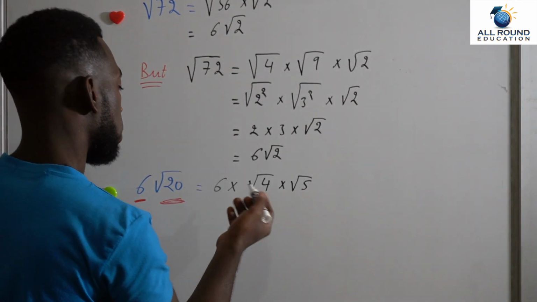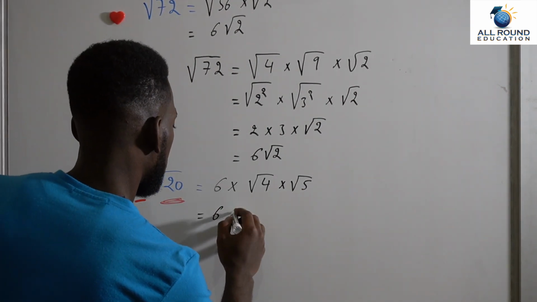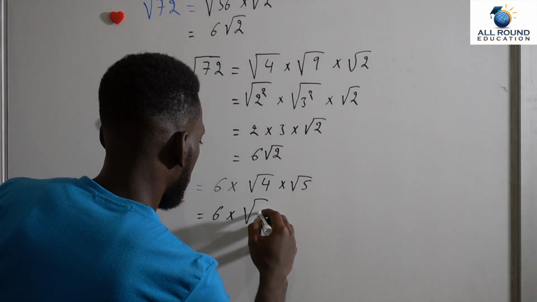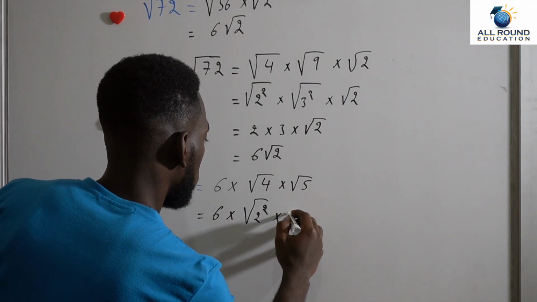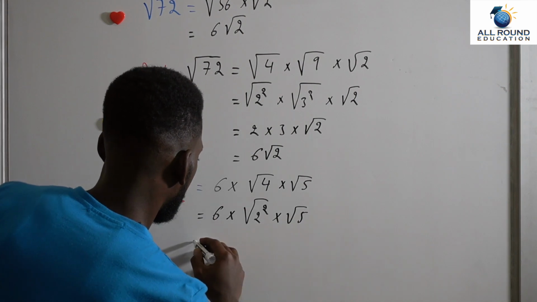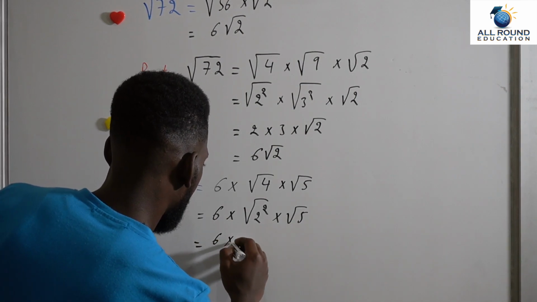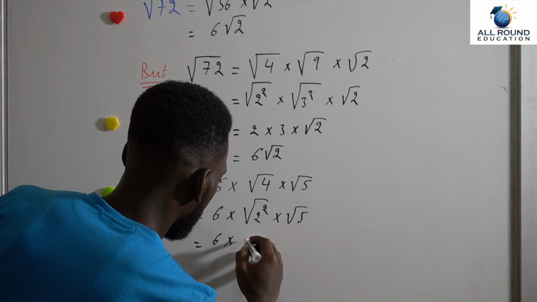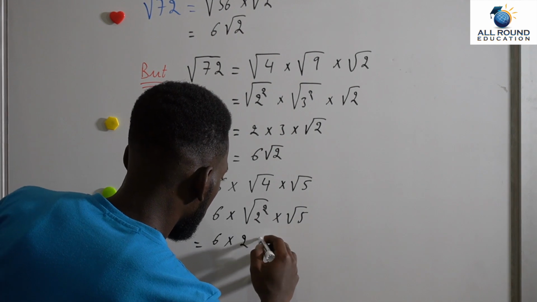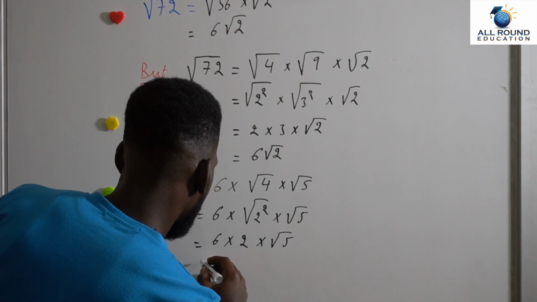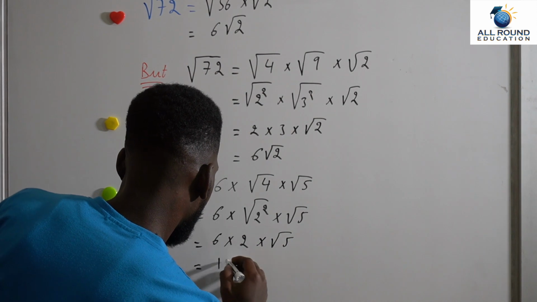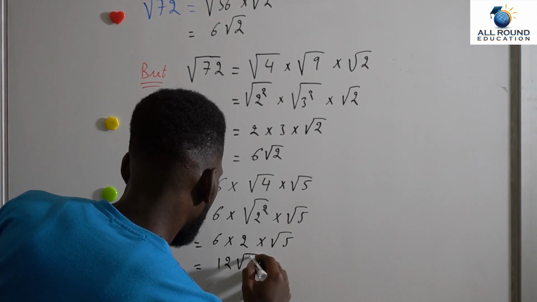Oh yeah, now it's easy, right? So you have 6 times the square root of 2 squared times the square root of 5. Then 6 times the square root of 2 squared is just 2, so 6 times 2 times the square root of 5, and the answer is 12 square root of 5, right?